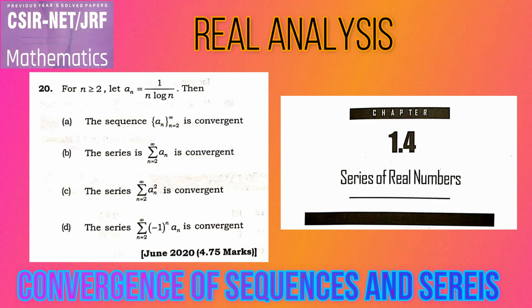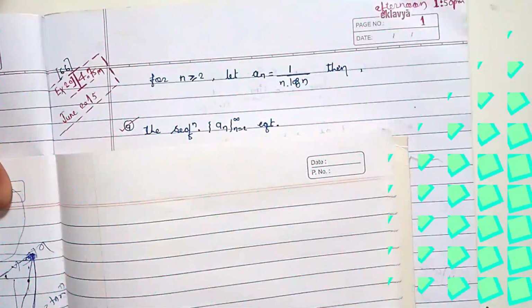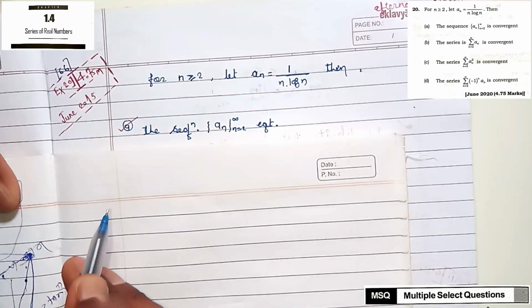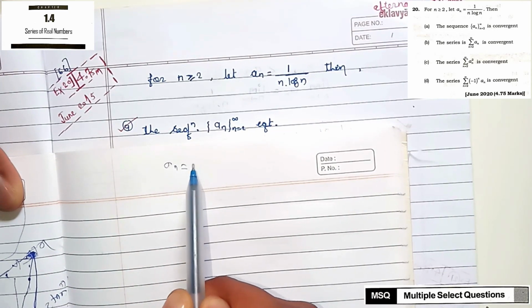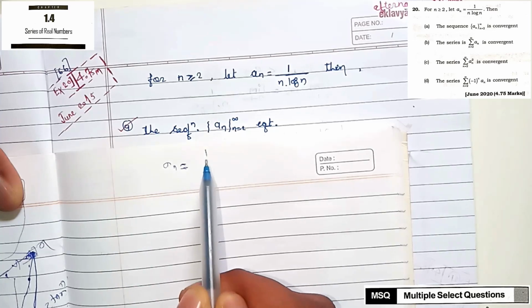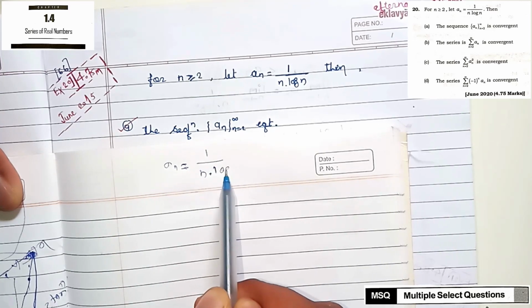So we'll see each and every option in detail, and how the solution looks. In our question, we are given a_n, which is 1 upon n log n.